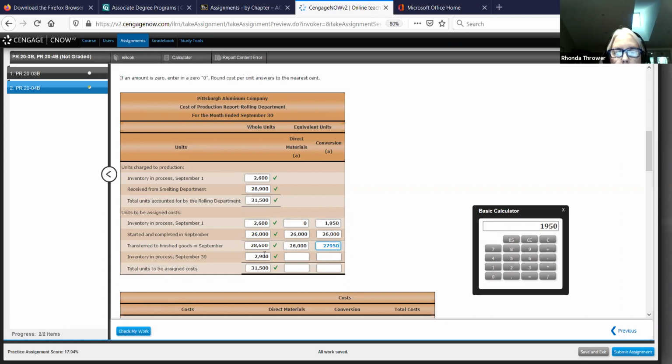Now be careful with ending inventory. We know that we have 2,900 units in ending inventory. If we have some ending inventory, that means they've been started with respect to materials. So we have 100% of our ending inventory in our materials.